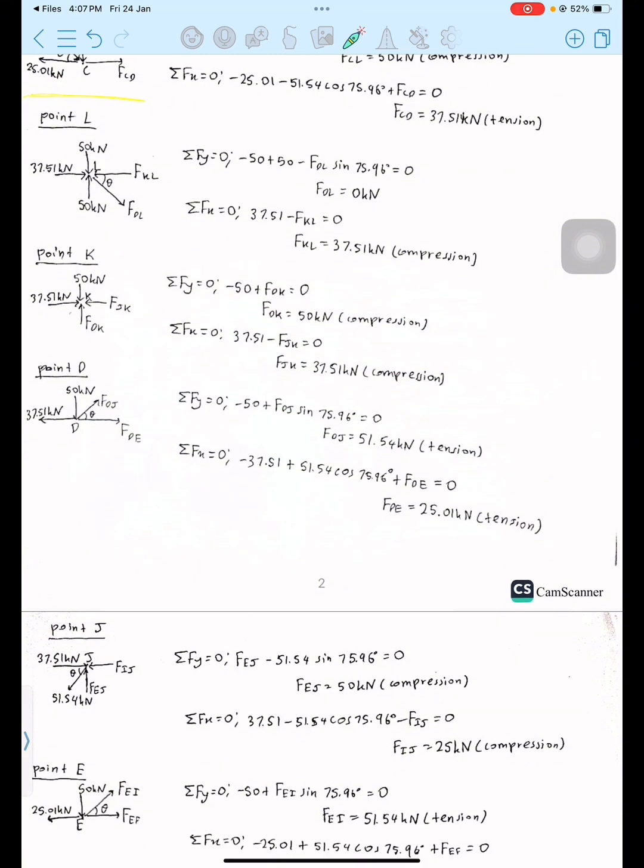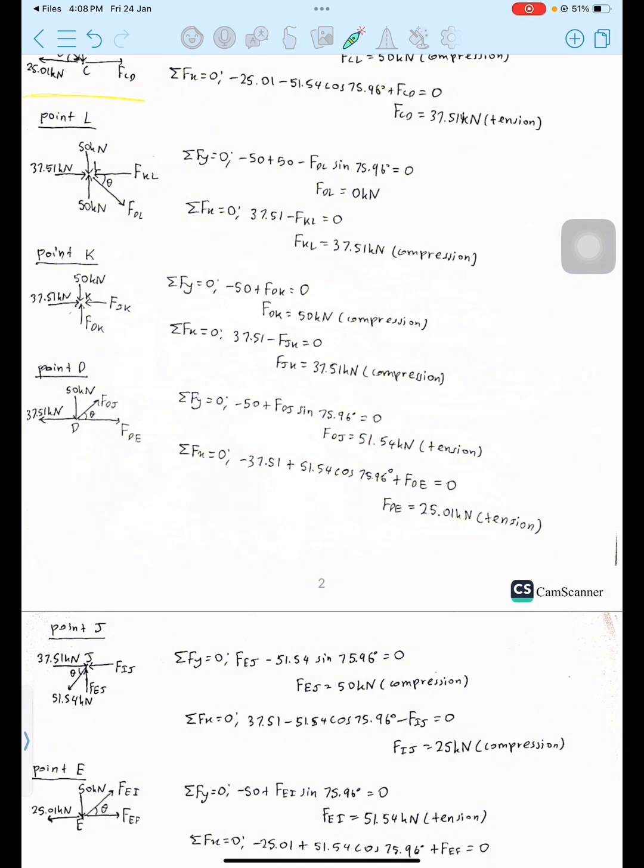Next, at point K, as usual, we will draw the free body diagram first. Here we have 50 kilonewtons pointing towards the K point, and 37.51 kilonewton pointing to K, FDK pointing towards the K point, and FJK pointing toward the K point.